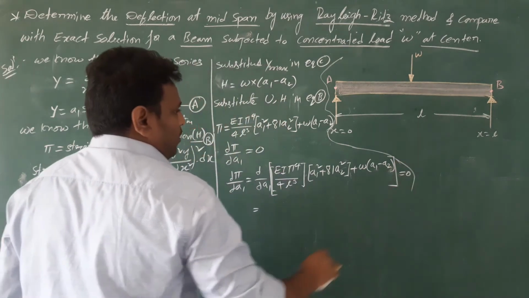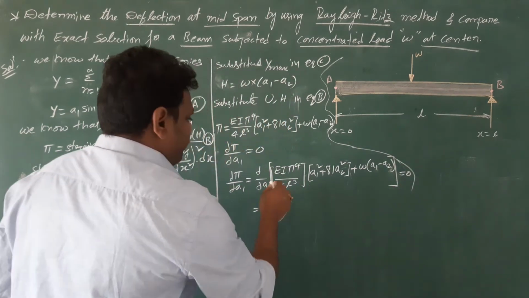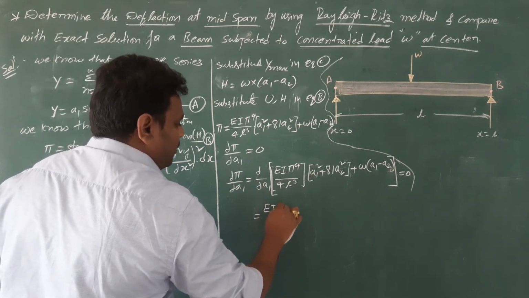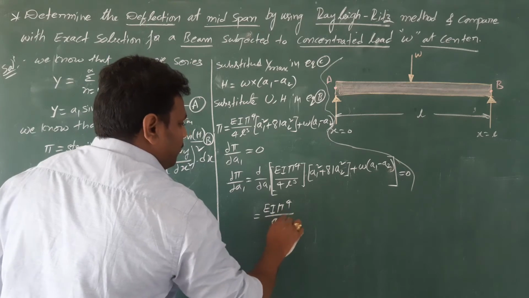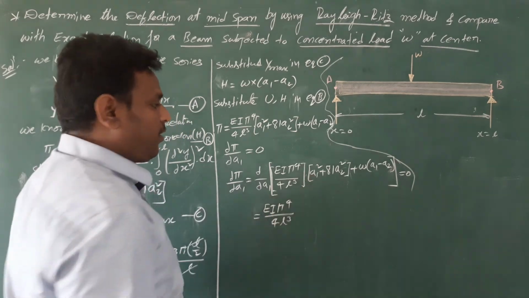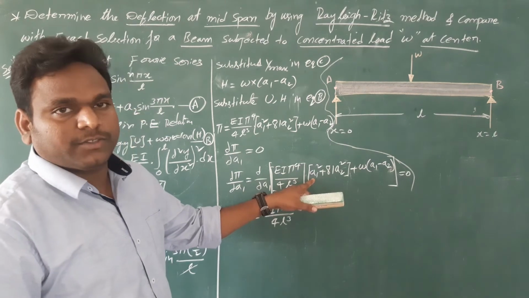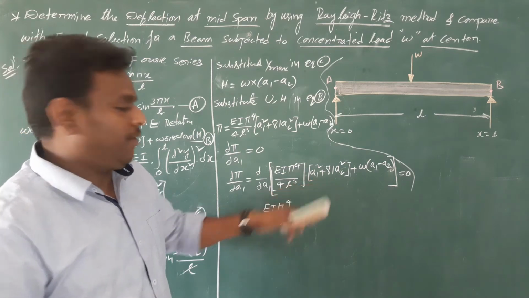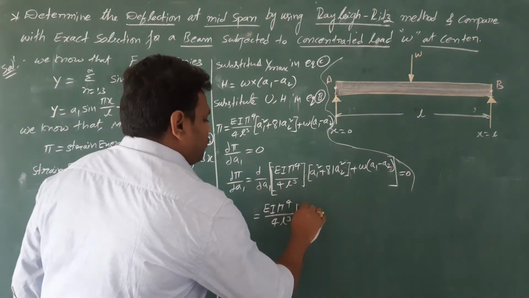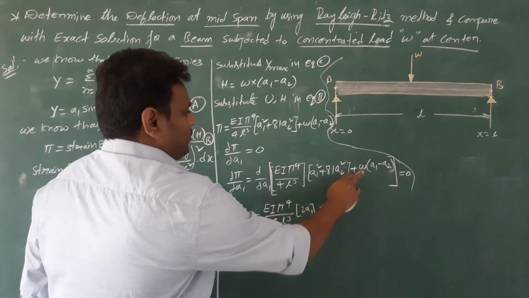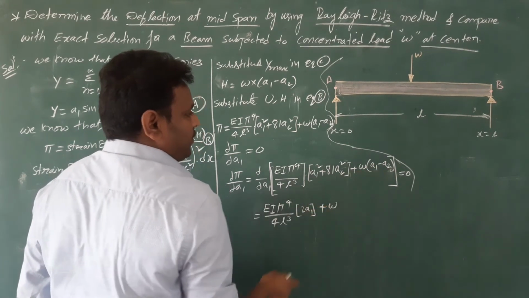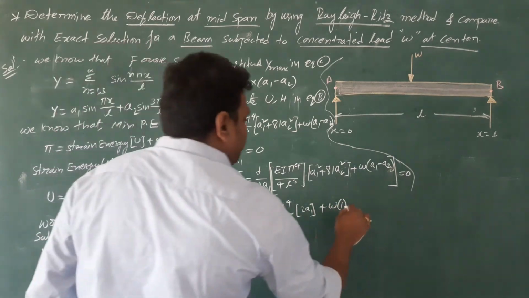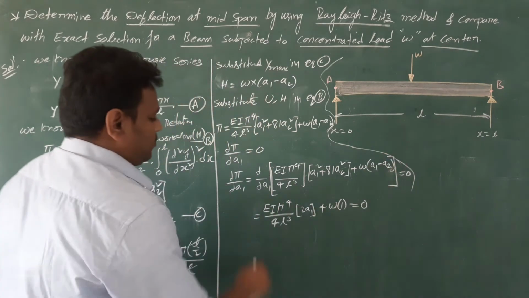Here EI π^4 by 4L³ has A1², so the differentiation of A1² is 2A1, plus W is a constant parameter and the differentiation of A1 is 1. So finally we got this equation, and it is equal to 0.